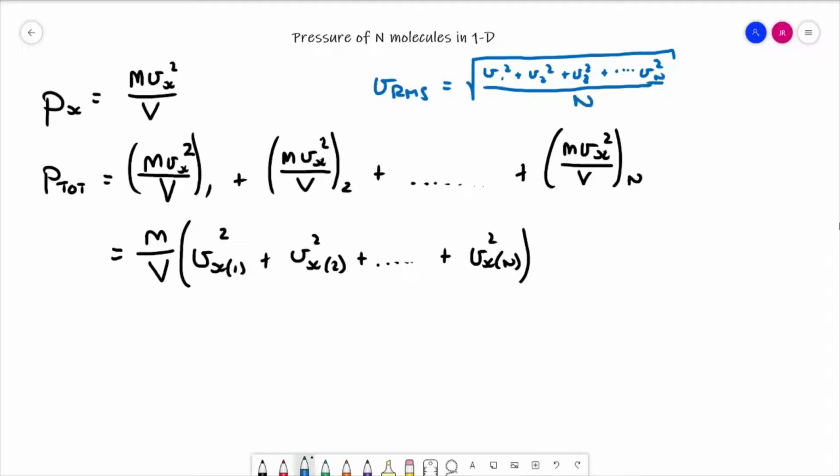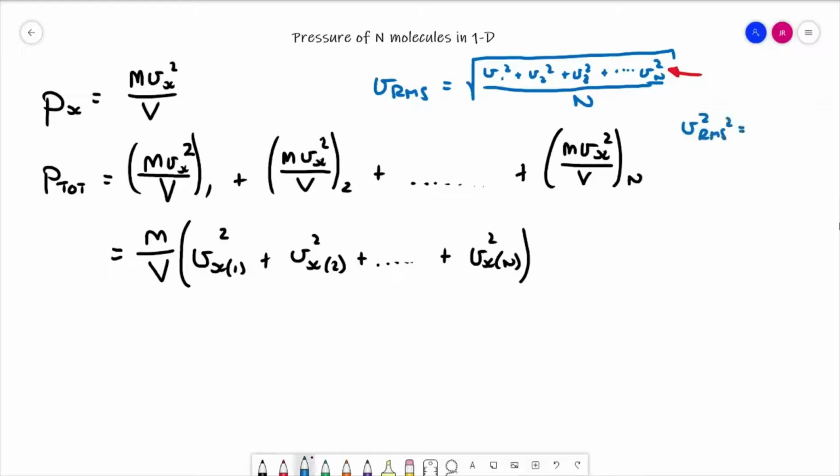So what we've got inside the brackets here is just the top line in this VRMS bit. So if we rearrange that, we can do a little bit of substitution here. So obviously the first thing we're going to do is square.